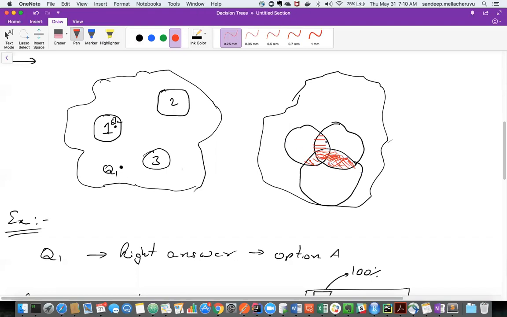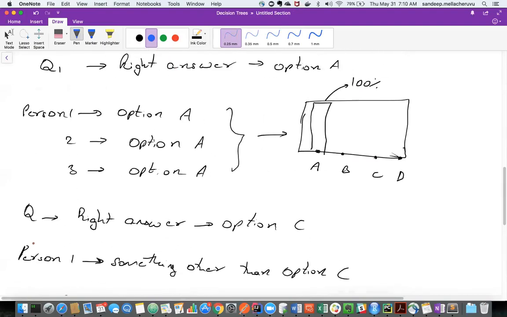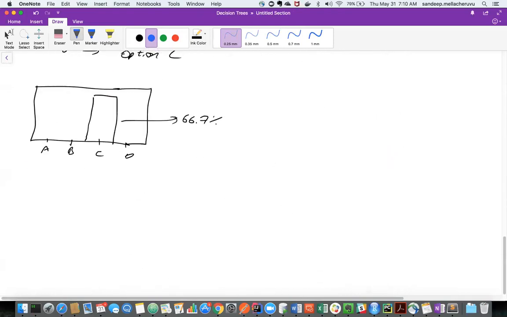Okay, but the only question I have is, yeah, the crowd can go wrong. So for example, let's say there is a question 3, both person 1 and person 2 are going to say a wrong answer. Person 3 is going to say the right answer, but even though he is going to say the right answer, overall what happens? Let me give the new question, question 3.